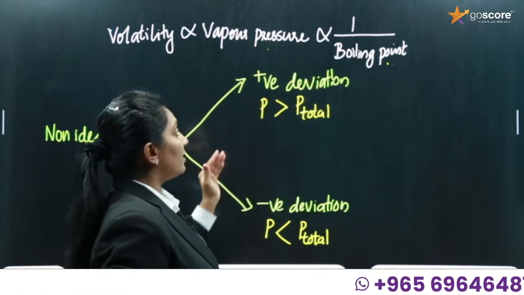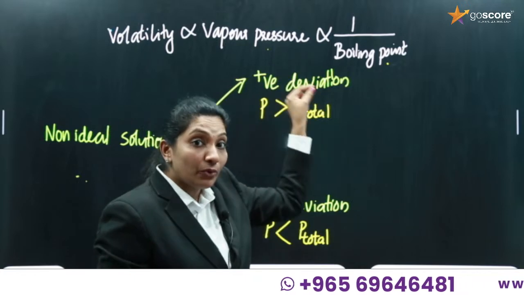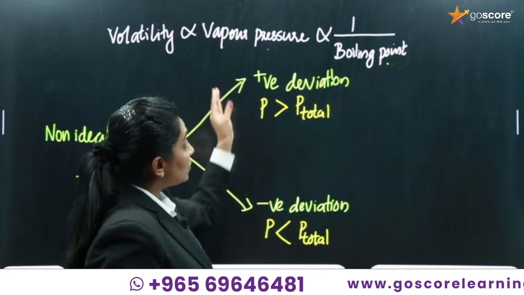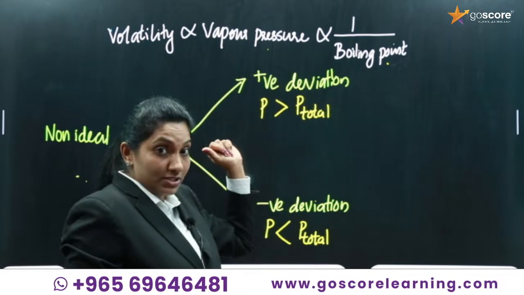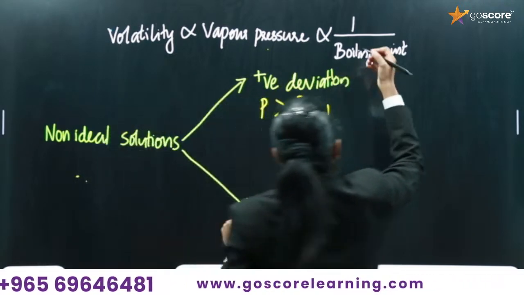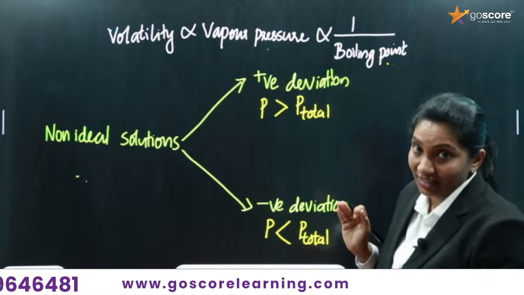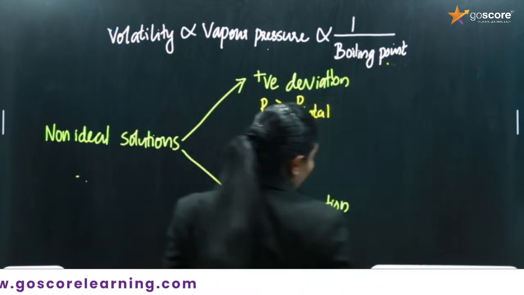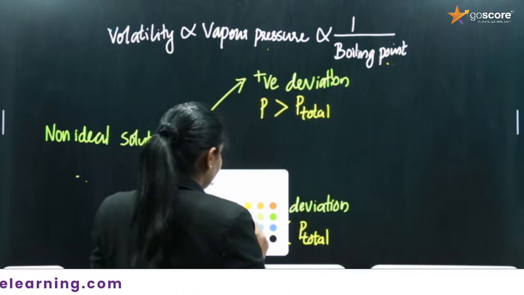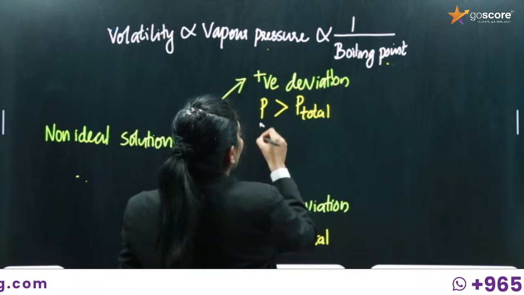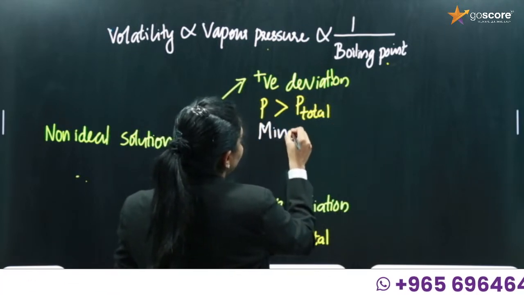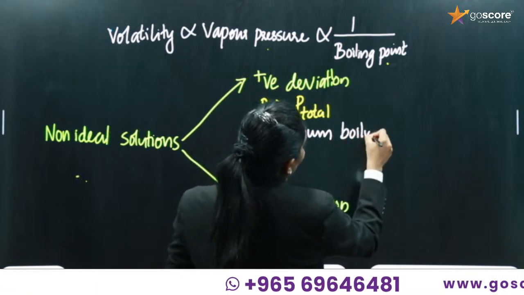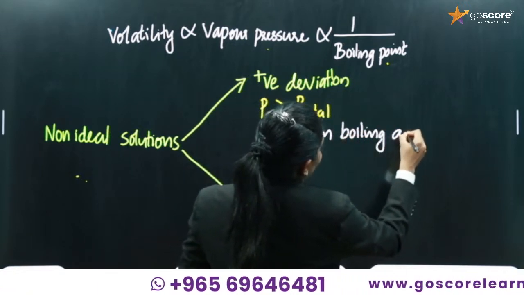So solutions which show positive deviation from Raoult's law have a lesser boiling point. Boiling point will be less. That type of azeotropes are what we call minimum boiling azeotropes.